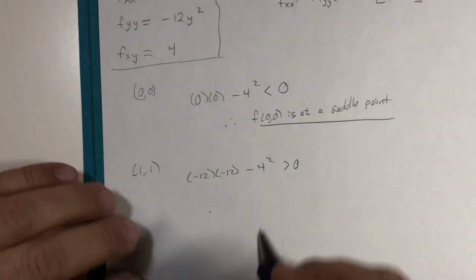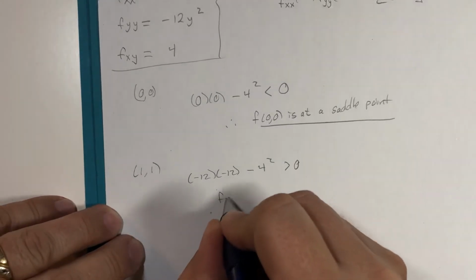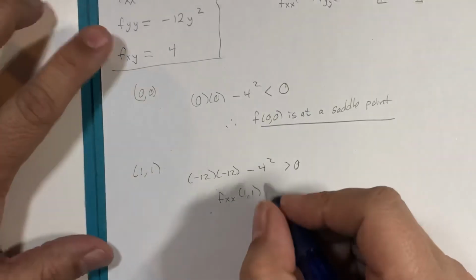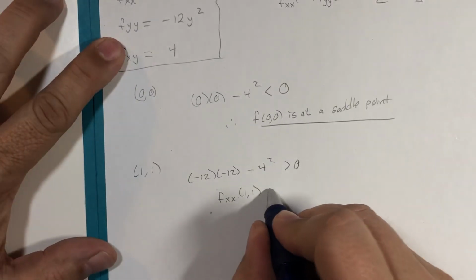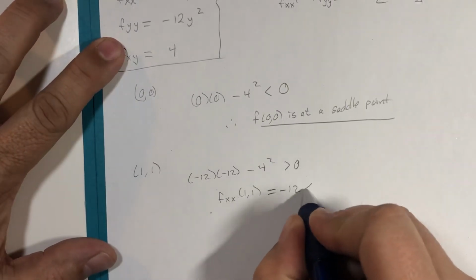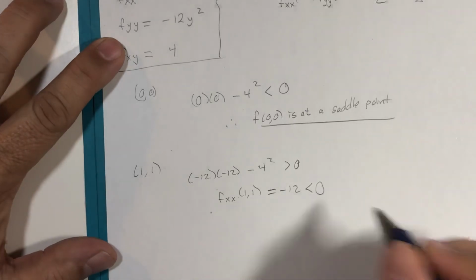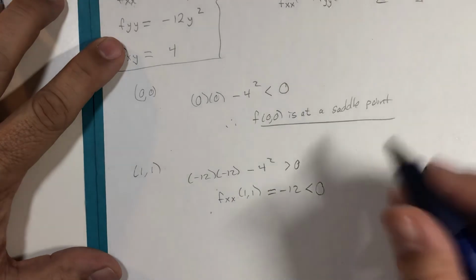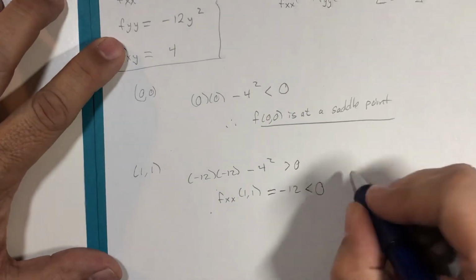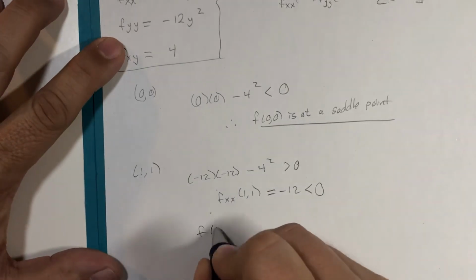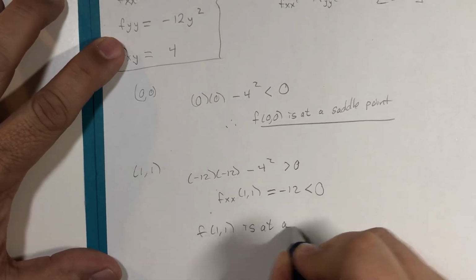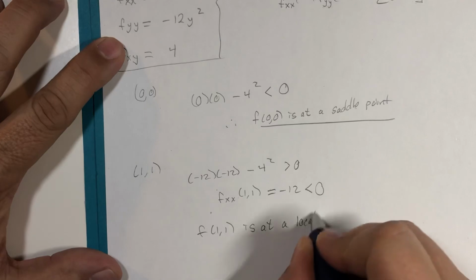So we get here the second derivative at the point 1, 1 is negative 12, less than 0. And if the second derivative is negative, you have it concave down. That means we have f of 1, 1 is at a local maximum.